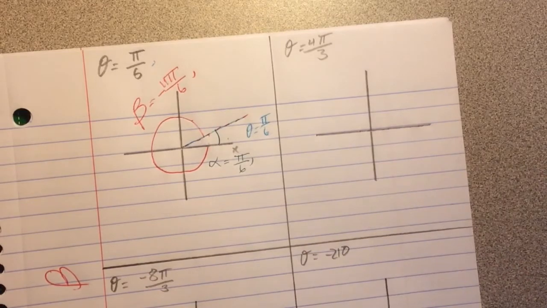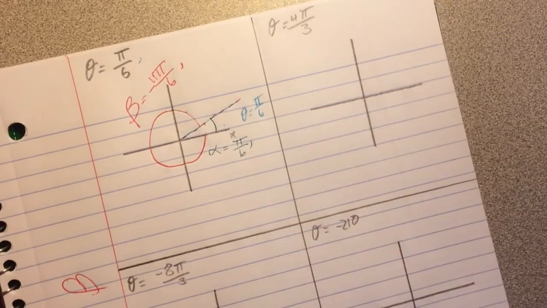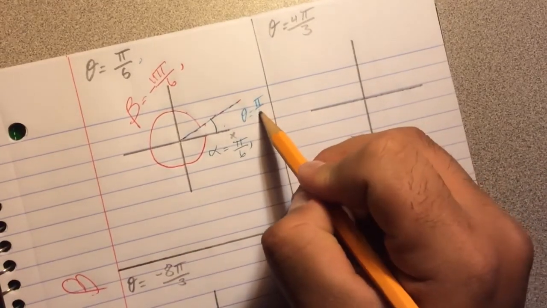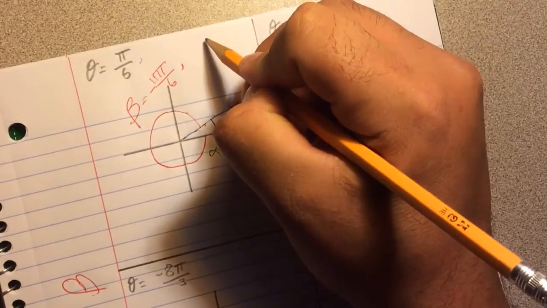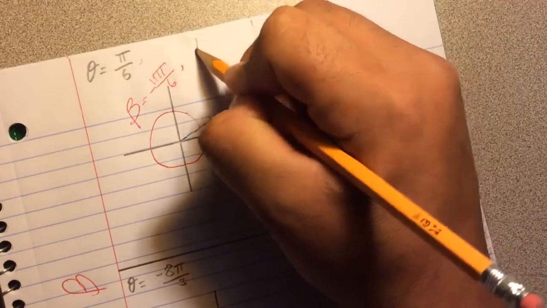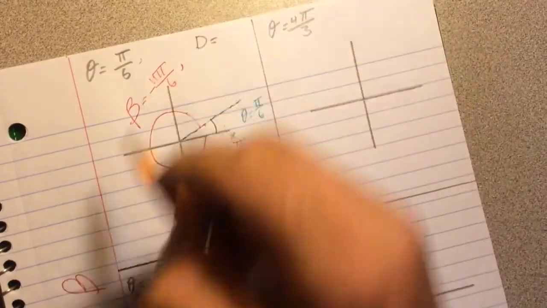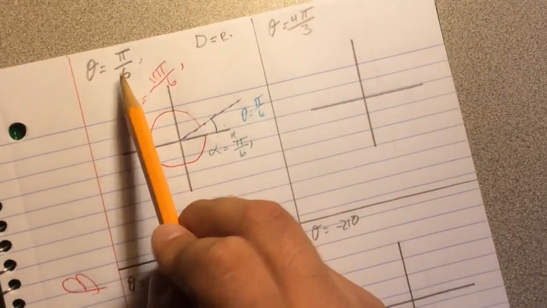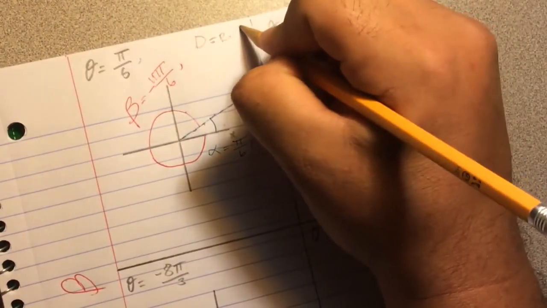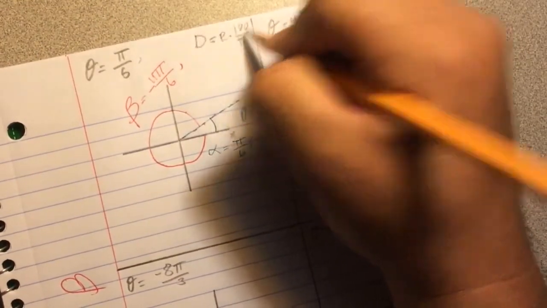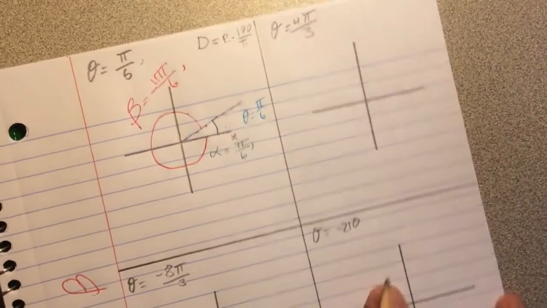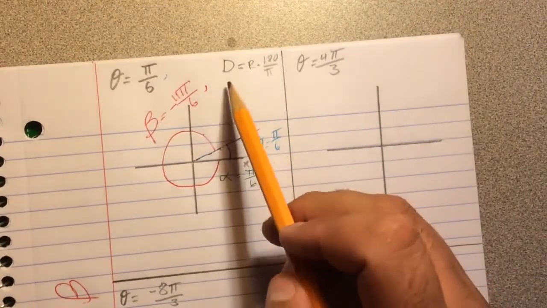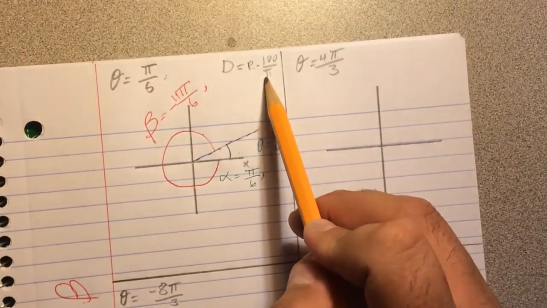If you remember, whenever you're trying to get the degrees, it's going to be equal to our radians, which in this case is pi over 6, times 180 over pi.